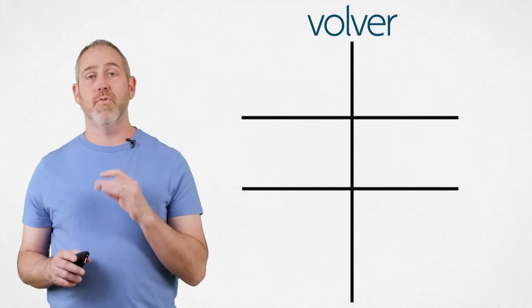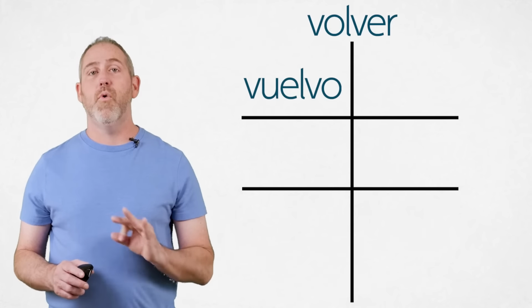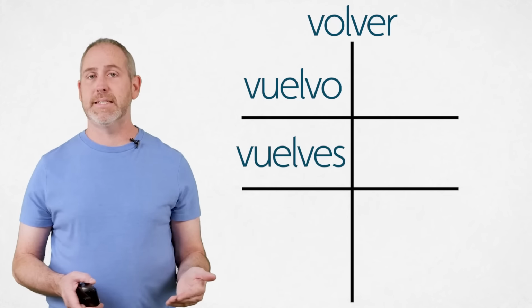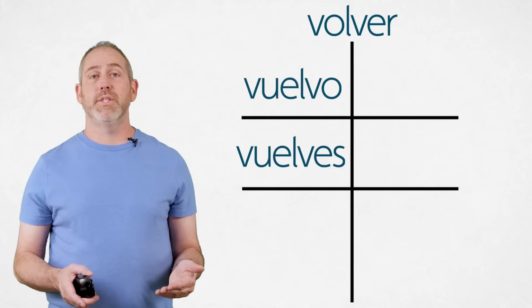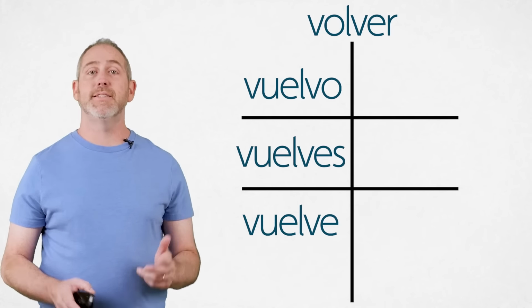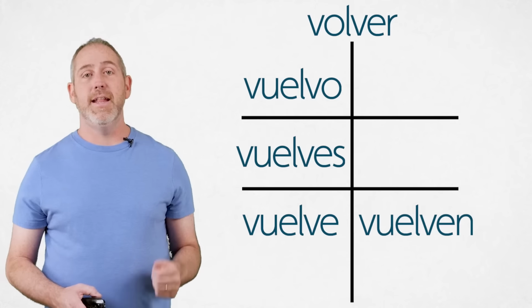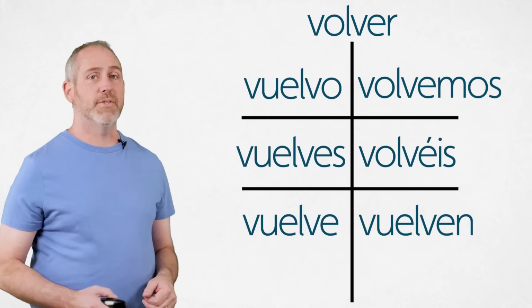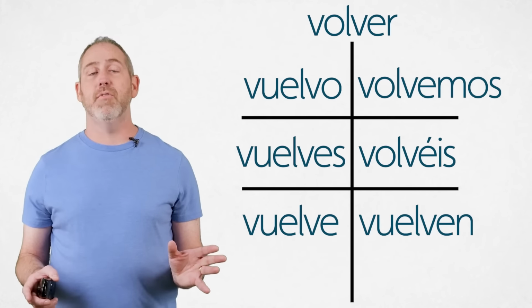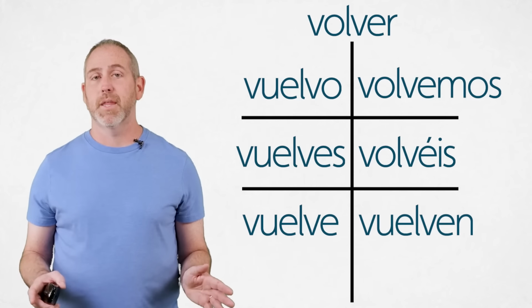So we get this for the yo form, vuelvo, and we're putting ER endings on it. So tú vuelves, él, ella, usted vuelve, ellos, ellas, ustedes vuelven. And then up in the top, we don't change outside the boot. So nosotros volvemos and vosotros volvéis.